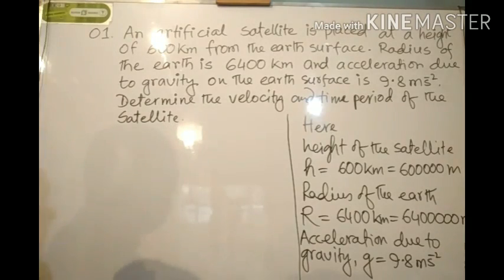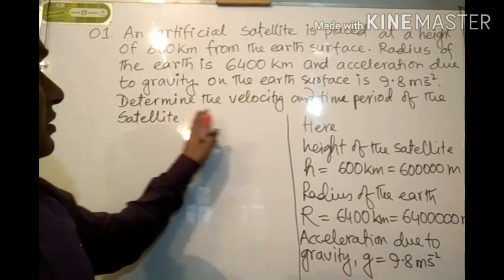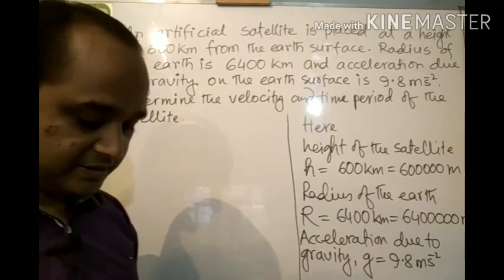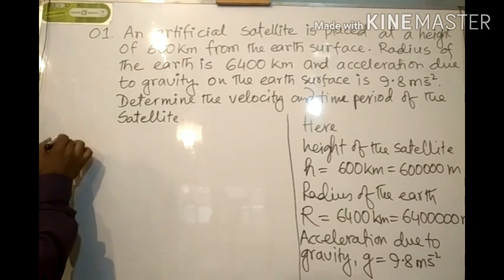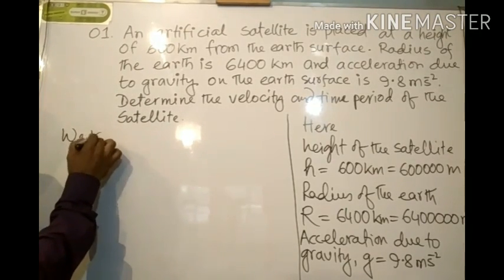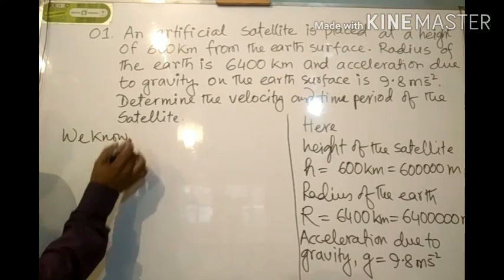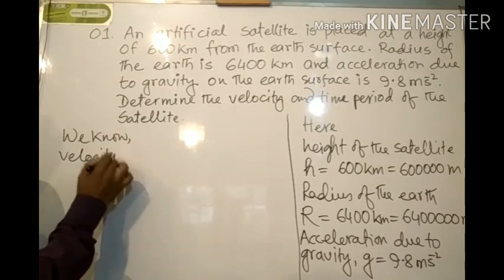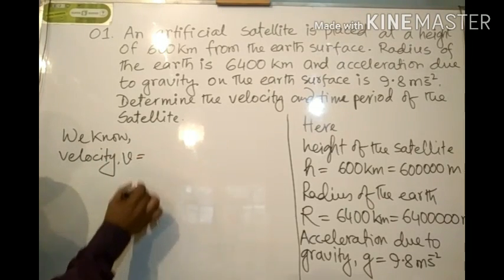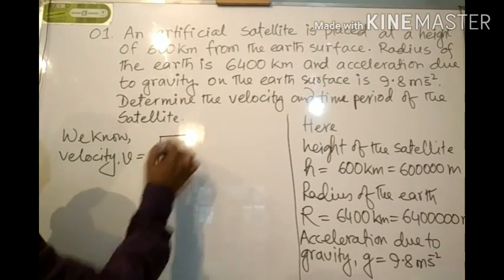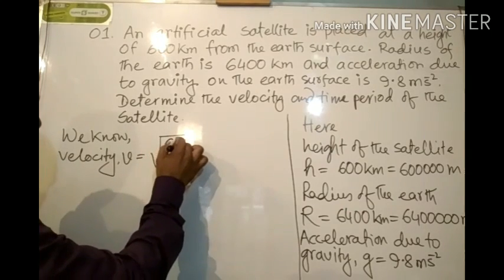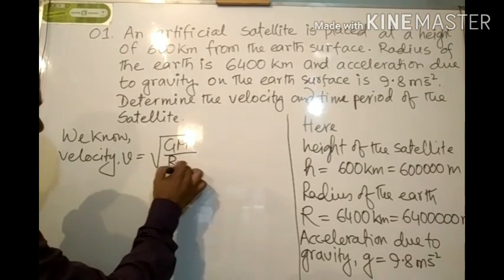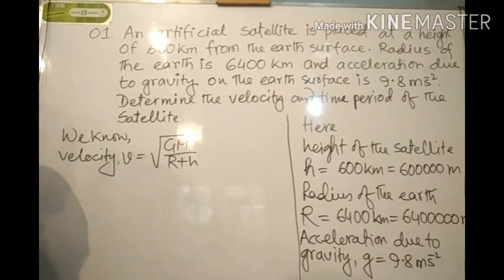So first we have to calculate the velocity of the satellite. We know the velocity of a satellite v is equal to square root of GM by (R plus h).